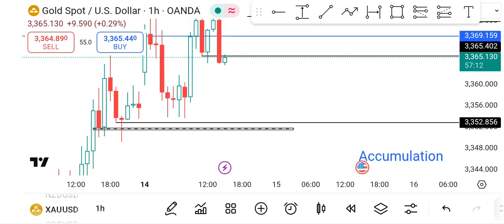I have said CRT occurs at 8 a.m. in the morning, 12 p.m. and 4 p.m., and vice versa, meaning you can still identify a CRT candle formation at 8 p.m. at night, 12 a.m. midnight, and 4 a.m. in the morning. So guys, that's all about the CRT.